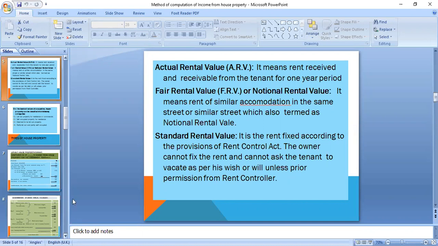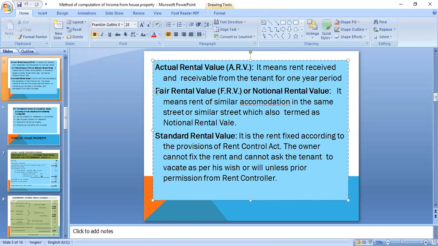Okay. Now we have fair rental value. When we say fair rental value, it's also called notional rental value. It means the rent of similar accommodation in a similar street or in a similar locality is called notional rental value.